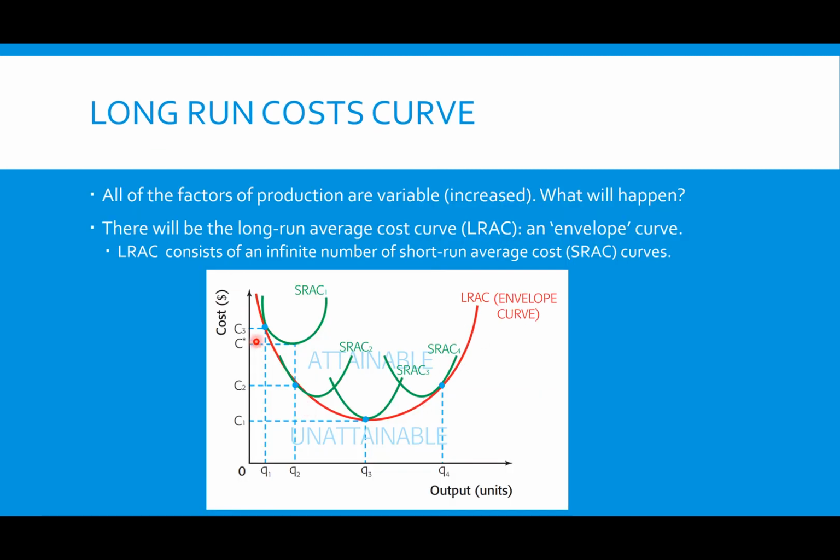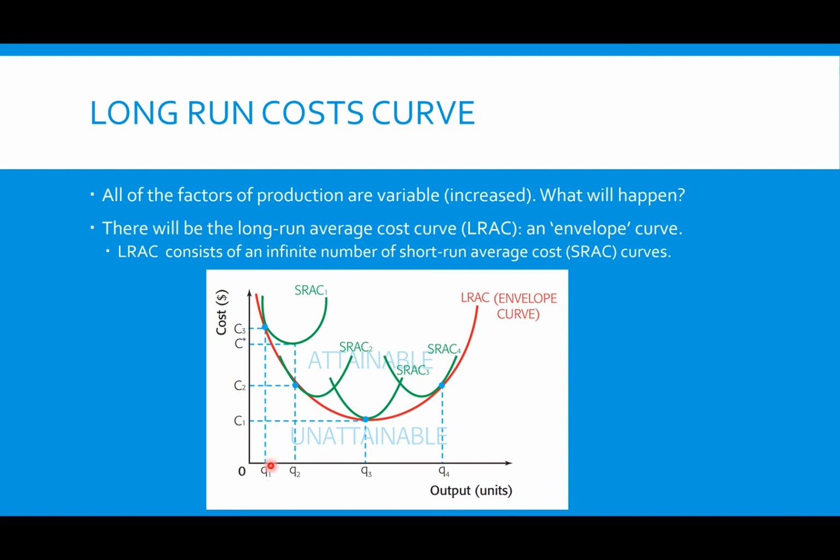But before explaining that, I also have to introduce the long run cost curve. The long run average cost curve, LRAC, is also called the envelope curve, because it's like a big envelope with lots of short run average cost curves. So what's happening here? Let's say you have SRAC first. This is where the business starts from.